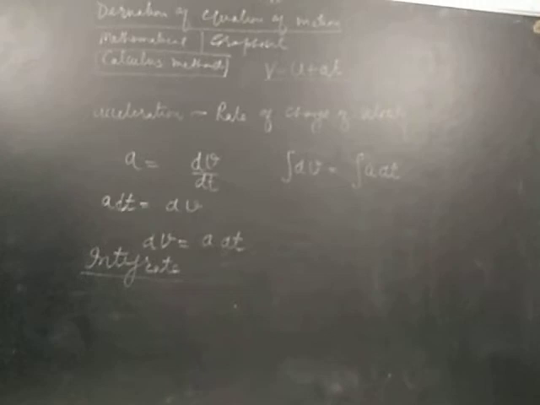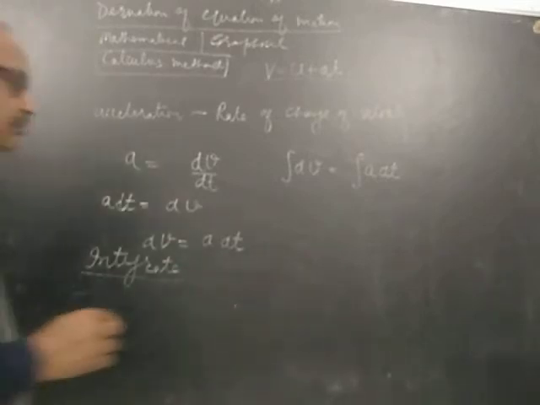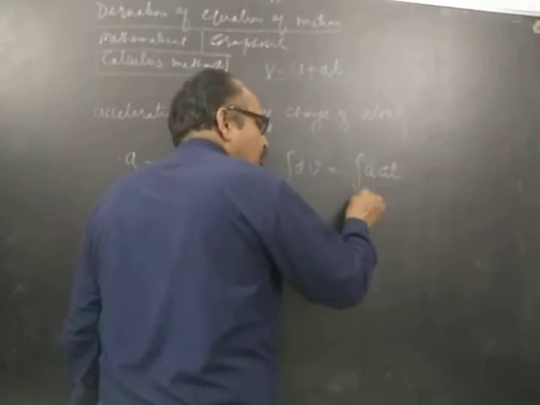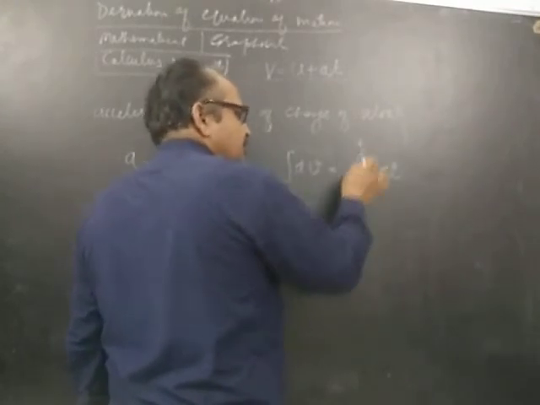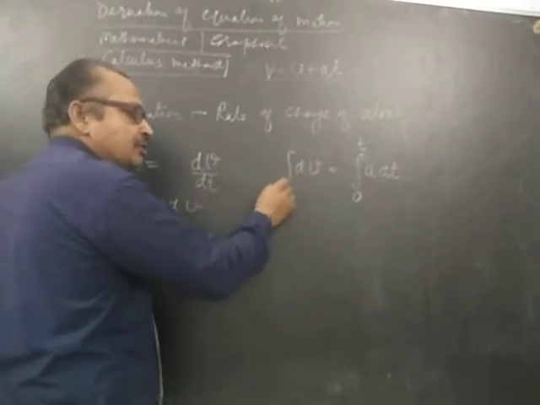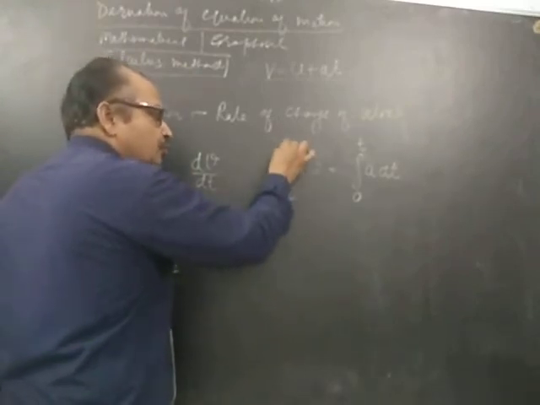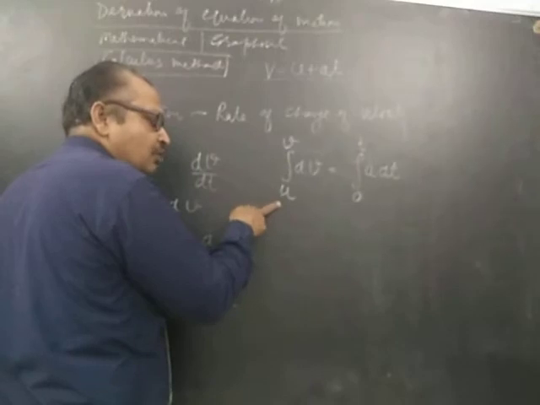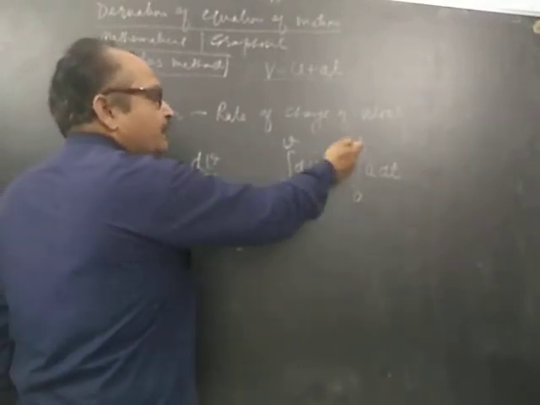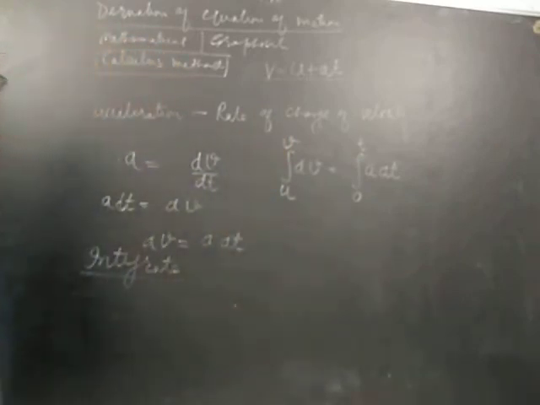What will be the limit of time? 0 to t. And what will be the limit of velocity? u to v. Initial velocity to final velocity, initial time to final time. We will apply the limits.